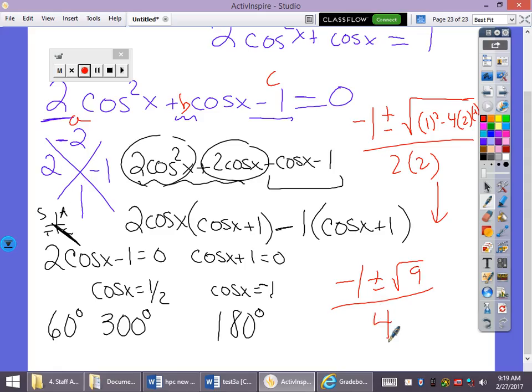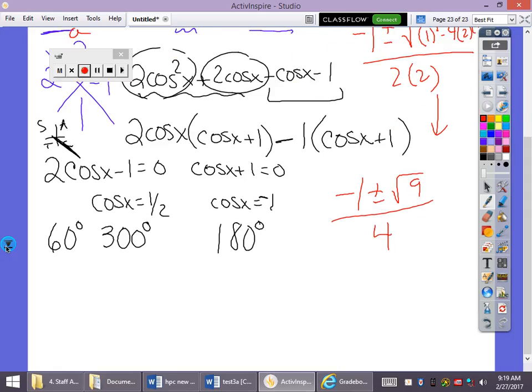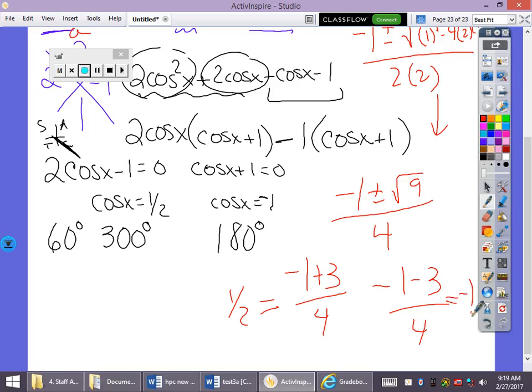What is the square root of 9? It is 3. So negative 1 plus 3 divided by 4, negative 1 minus 3 divided by 4. This answer gives me 1/2 because it's 2 over 4, which reduces. This is negative 4 divided by 4, which is negative 1, the same answers I got here. You just put cosine x equals in front of it.